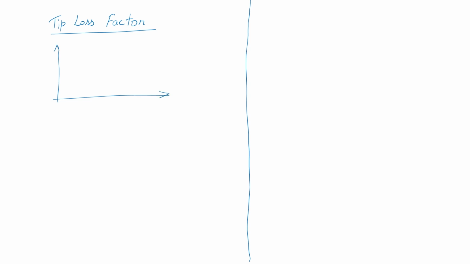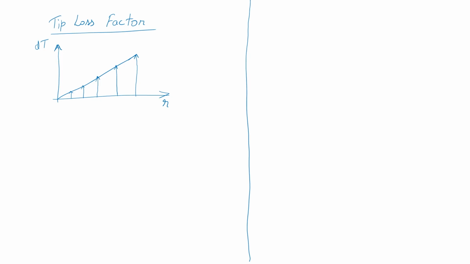If I look at the thrust distribution, which means the distribution of thrust with radial station, dT versus r, from the ideal theory like momentum theory this variation would go somewhat like this, almost linear, some kind of triangular distribution.